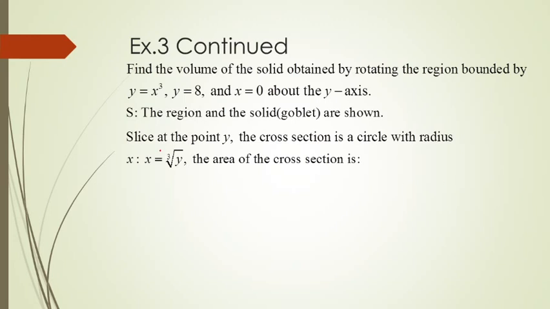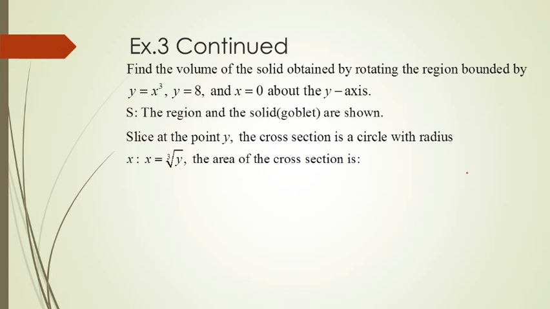So slice at the point y, the cross section is a circle with the radius x, right? And then the area of the cross section will be pi x squared.